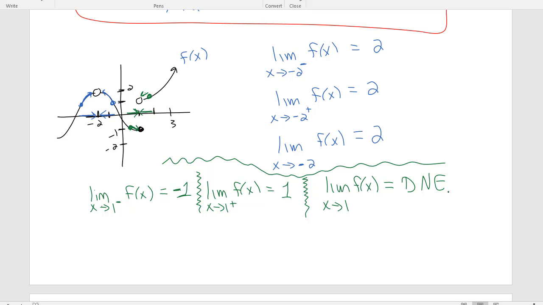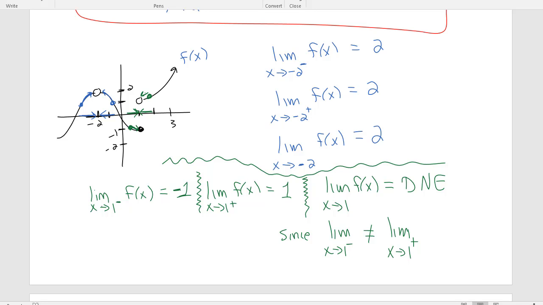Now again, why does this limit not exist? We're going to say since the limit as x approaches 1 from the left does not equal the limit as x approaches 1 from the right. By definition, the two-sided limit exists when the one-sided limits equal the same value.